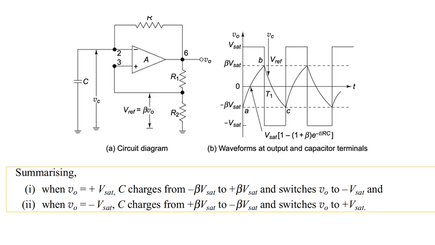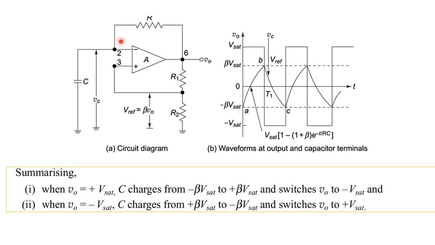Now let me see how the working is going to happen. Let me assume the output voltage is VSAT. The capacitor is initially charged to a value of minus beta VSAT. So when the output is VSAT, a portion of that voltage, beta VSAT, is fed back to the third terminal. The same voltage will appear at the second terminal by virtual ground.